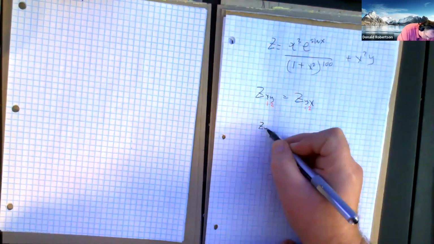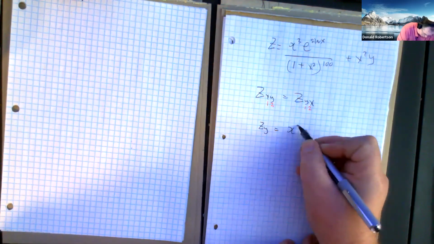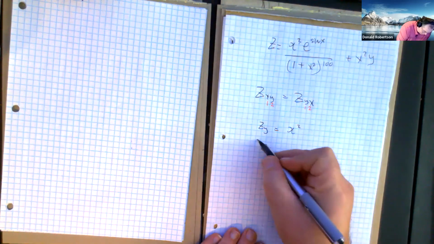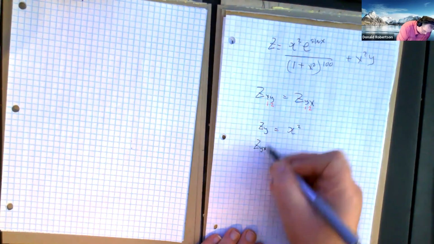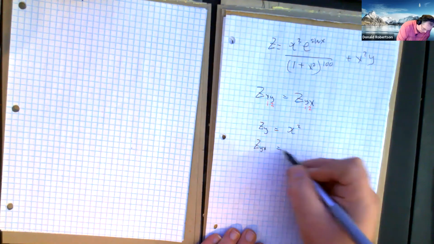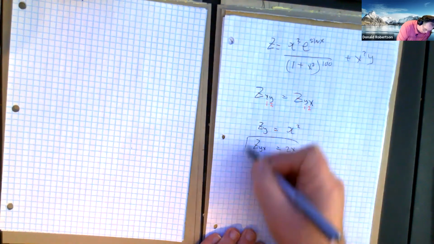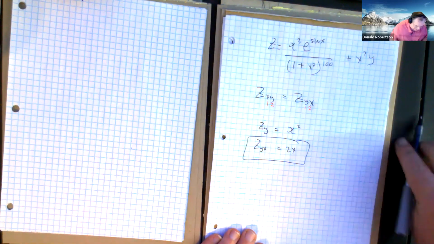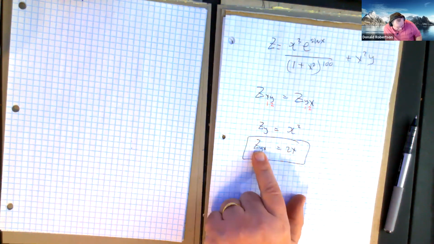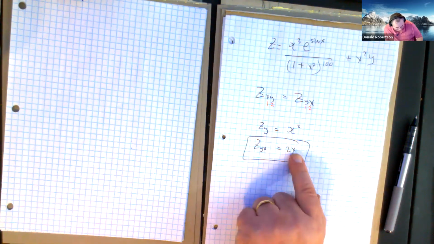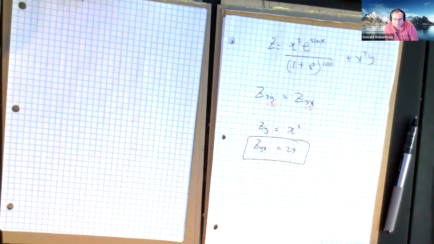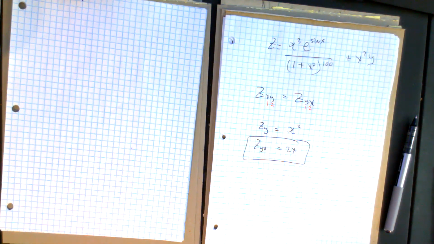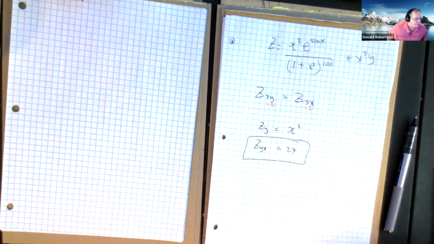Then differentiate the answer with respect to x, and now you have 2x. That has allowed us to find this second partial derivative really quickly. That makes a lot of sense. So that's what we did.